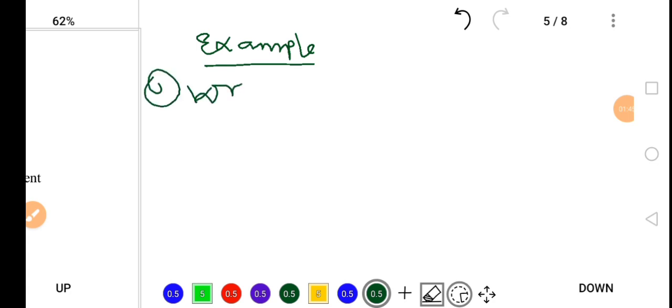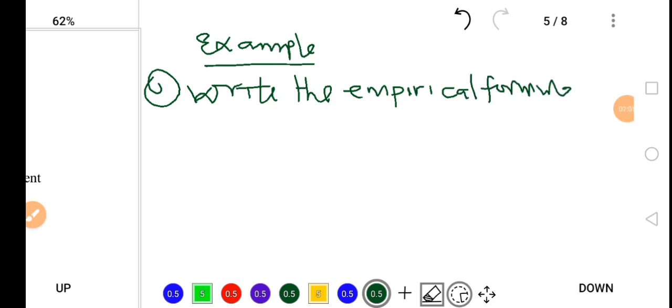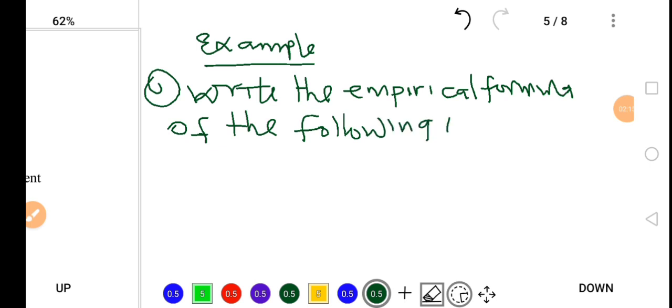Write the empirical formula of the following compounds.